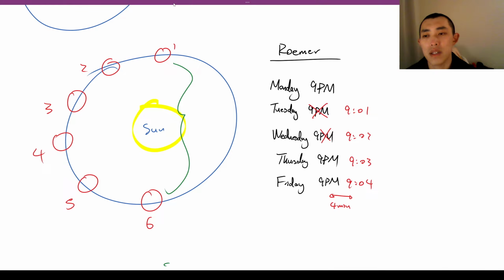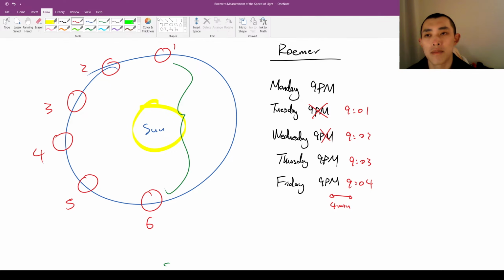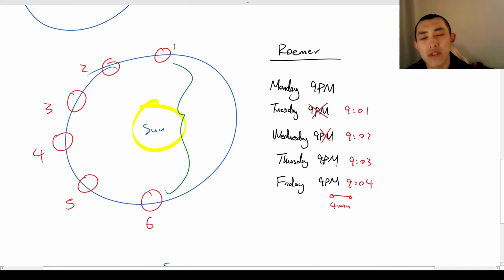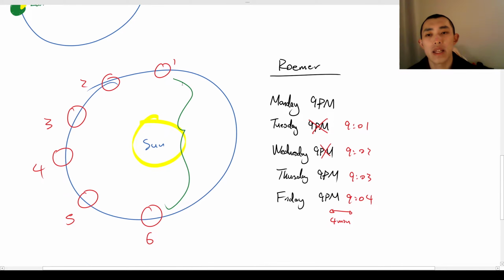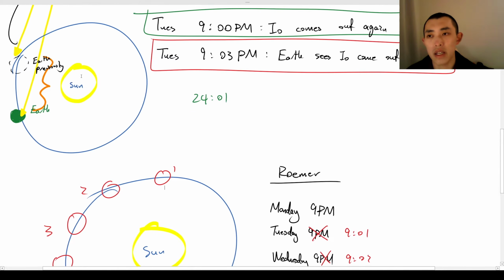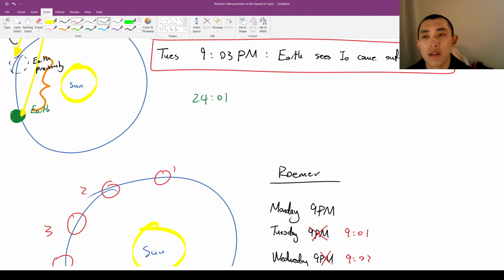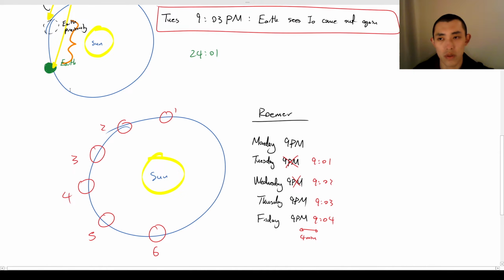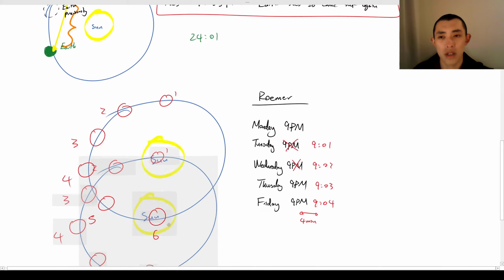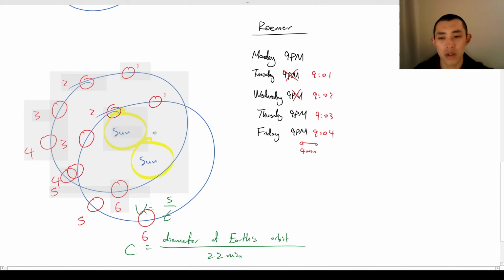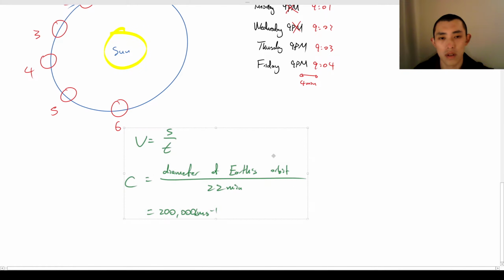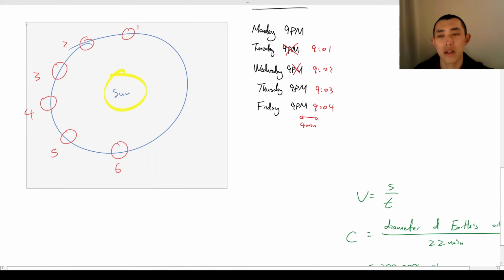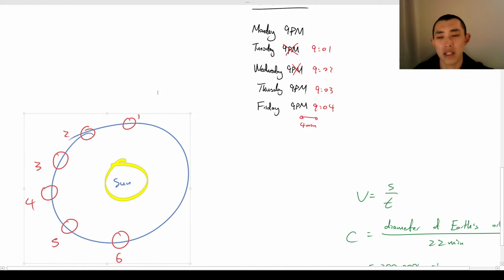Now, what we can see here is that as you transition from 1 to 2, the extra distance that you travel is not going to be as big. Let me show you that. To prove that to you, let's say that this is Jupiter.